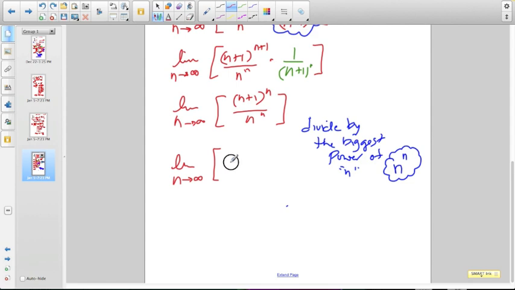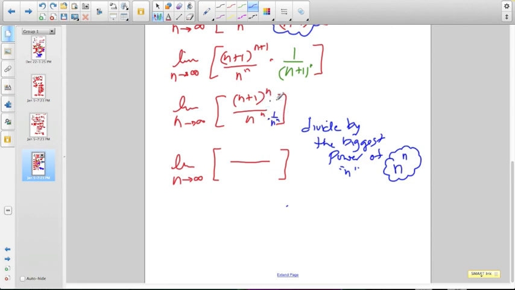And so let me get my upper and lower expression set up here. So let's take this one first. I'm going to take n to the n power and divide by the biggest power of n. In other words, I'll write it as a reciprocal, multiply by 1 over n to the n.